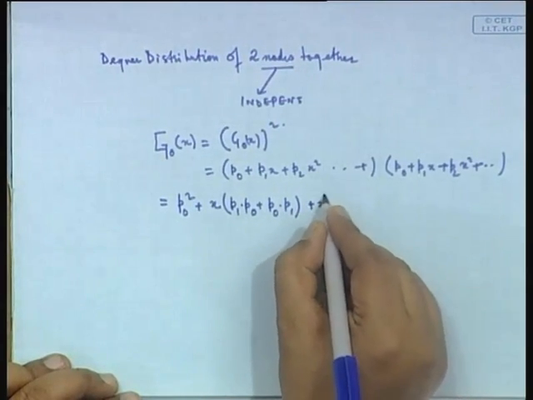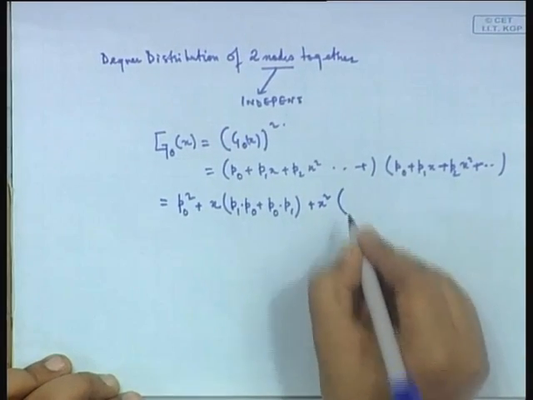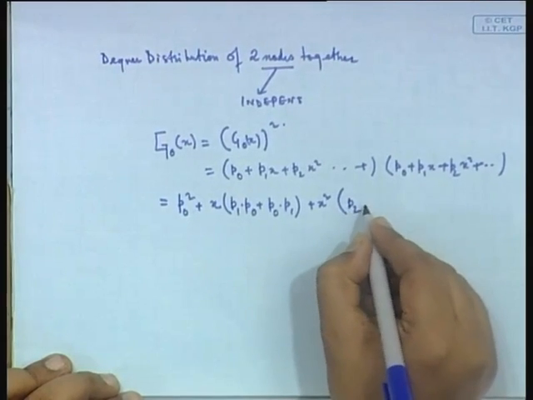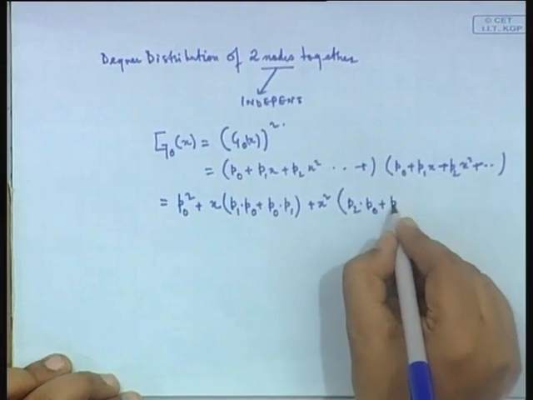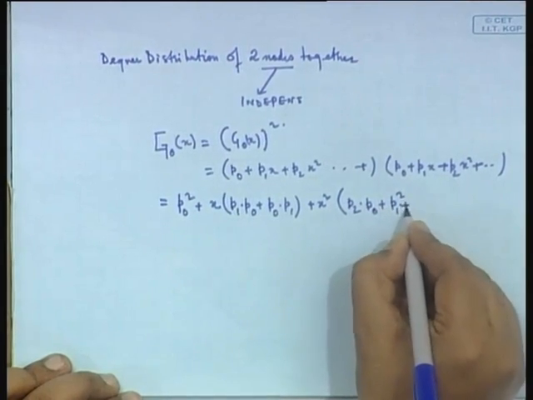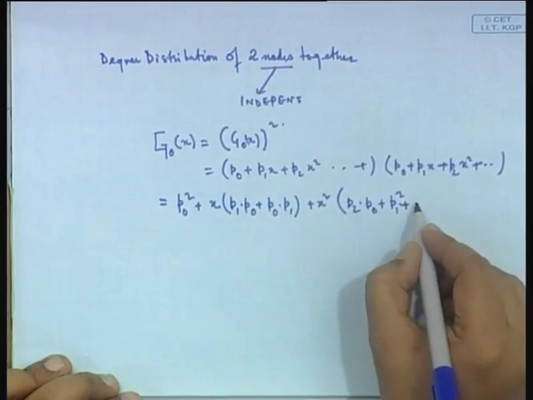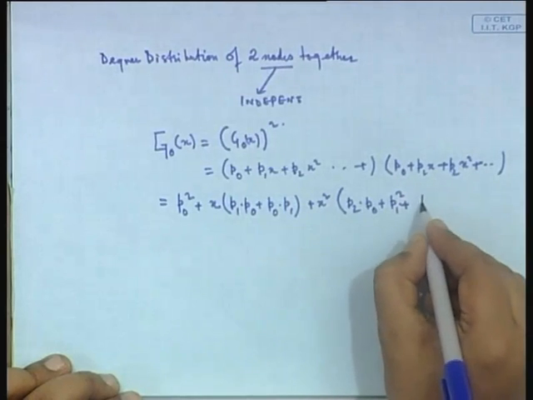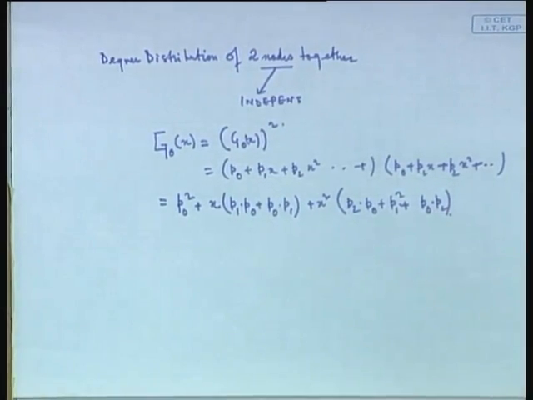Plus x square times P2 into P0 plus P1 into P1 plus P0 into P2. This is the way things go.